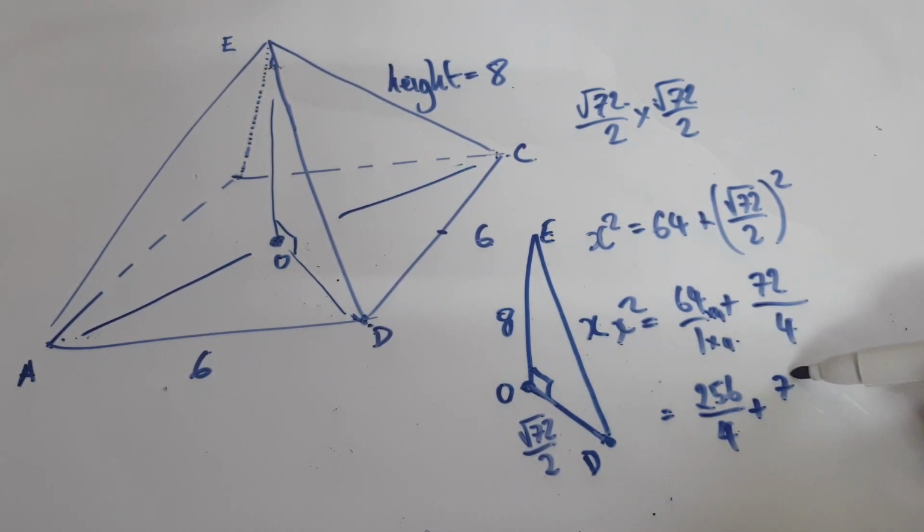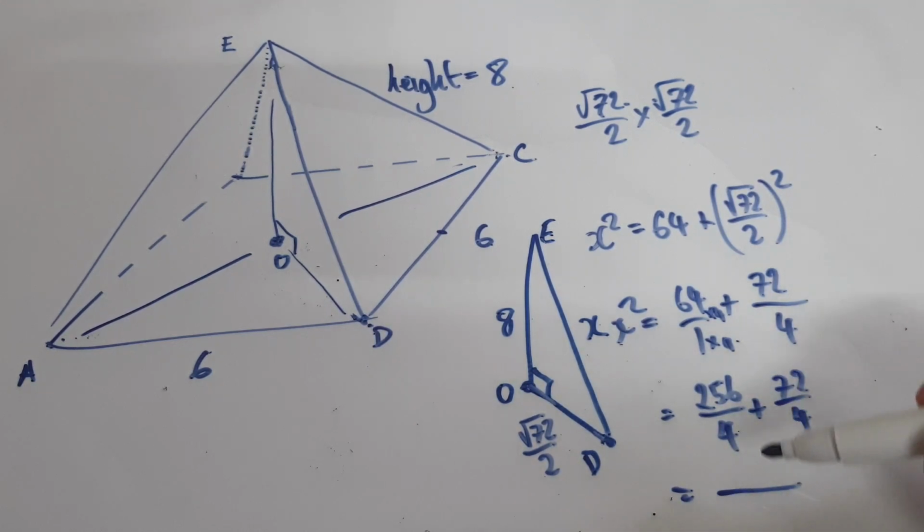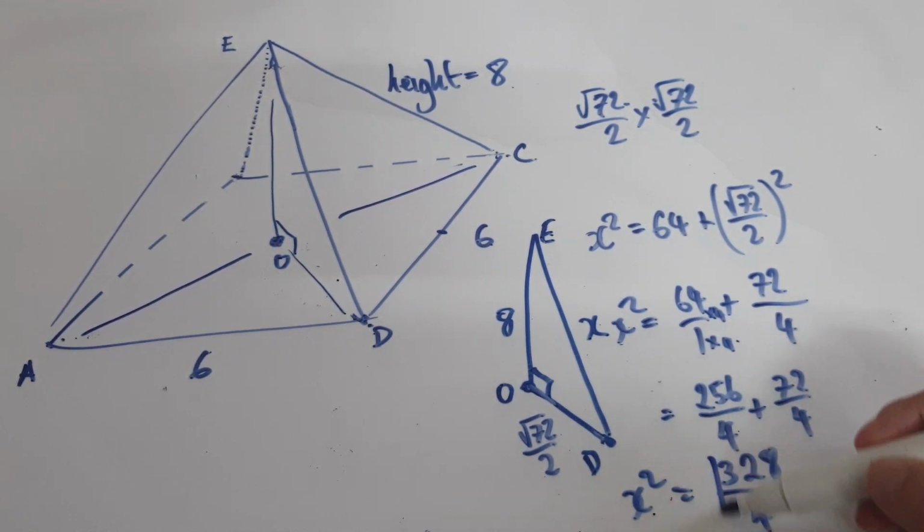This thing here would be 72 over 4. Adding these two fractions together would give you 328 over 4, and then tidy this up, jump to a calculator, and this should give you 82. So x squared equals 82.